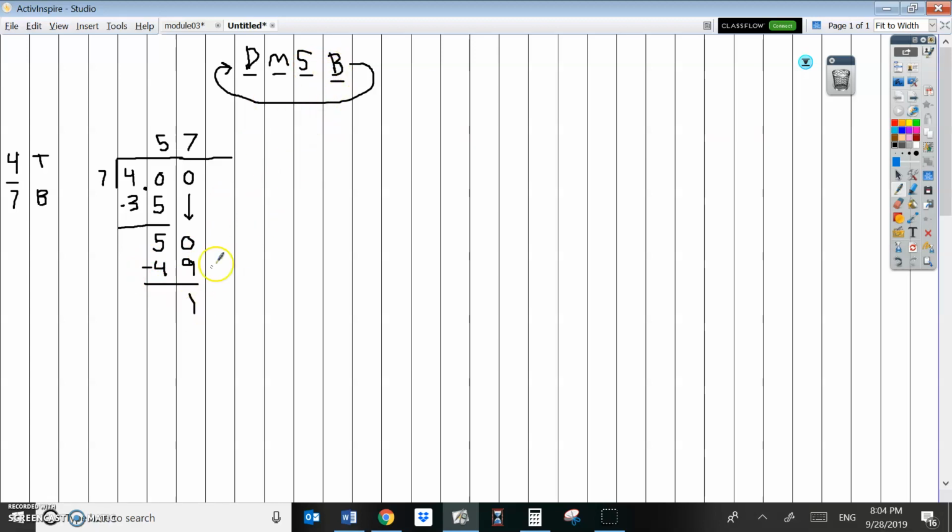And now bring down a 0. Back to the beginning, divide. How many 7s in 10? 1. Multiply. 1 times 7 is 7. Subtract. 10 minus 7 is 3. Bring down.